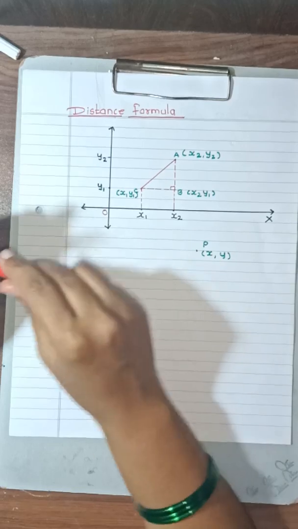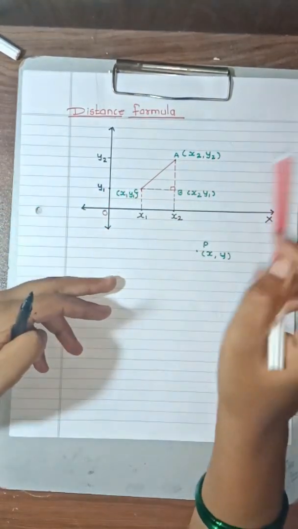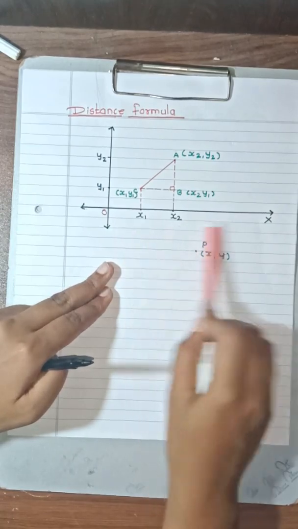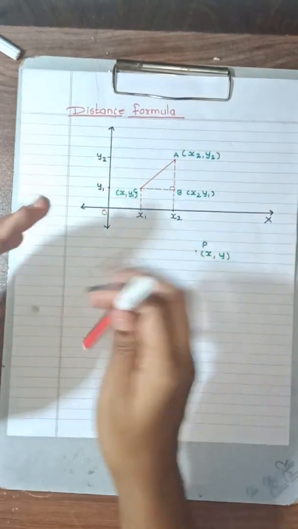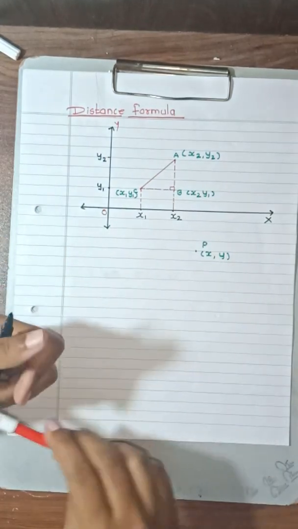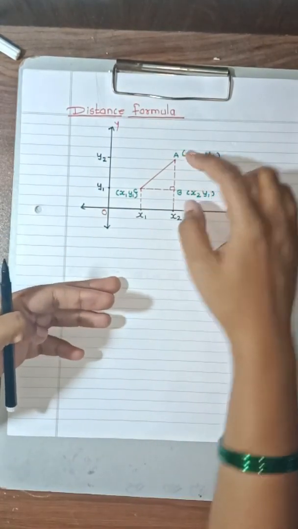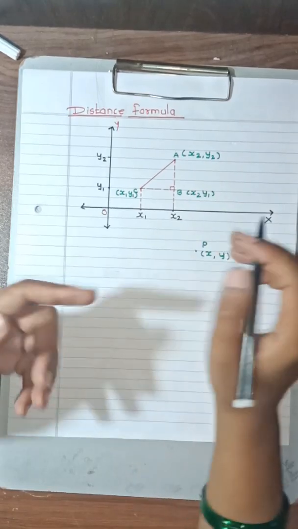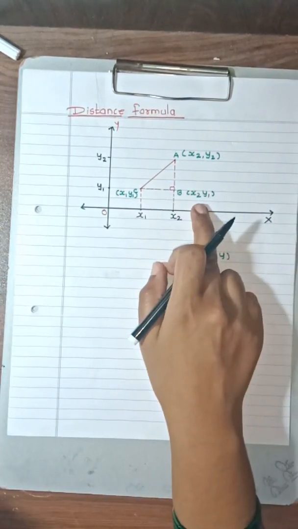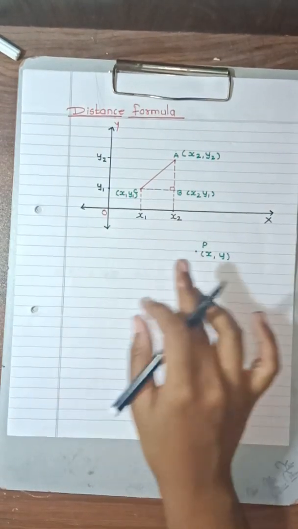Okay children, now they have given a graph over here. Here you can see points x1, x2 on the x-axis and y1, y2 on the y-axis. Here you can see AB. C we have taken as x1, y1, B as x2. Now I'll explain once again in detail.